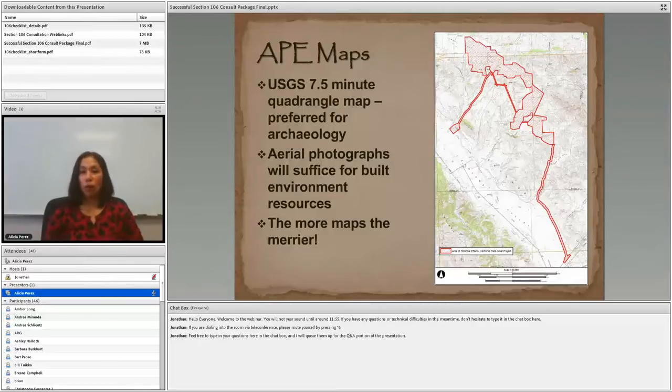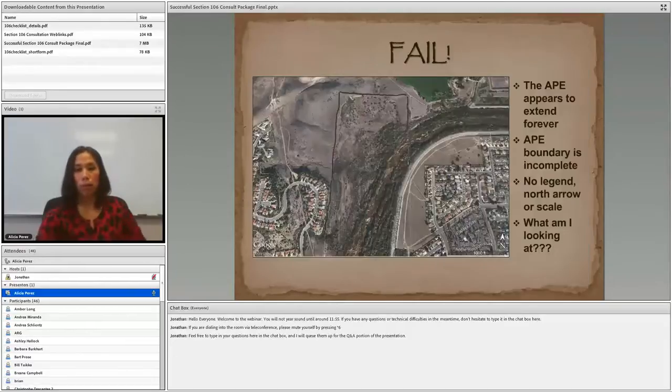This is a good example of an APE map. The boundary is very clearly marked in red. It includes access routes, there's a legend, there's a north arrow and a scale. So you can have one large APE map, and then you can provide additional maps that zoom into areas of the APE that provide more detail that might also be important for us as we review your submittal.